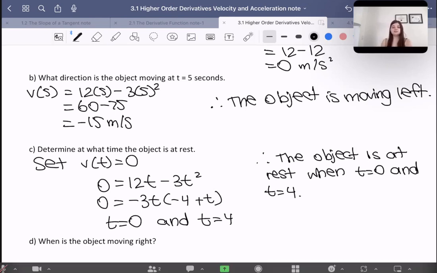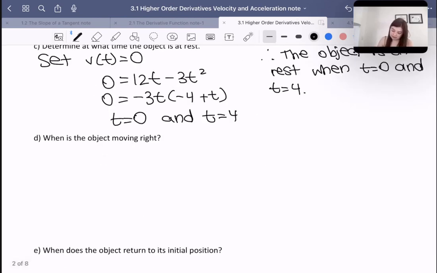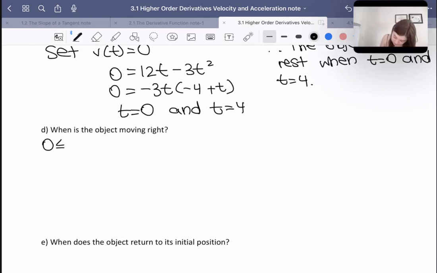Now, in this case, we actually don't have to do before 0 seconds, because that wouldn't make any sense. At 0 seconds is at rest, so there's two intervals I'm interested in. I'm interested in the time that we're between 0 and 4, and then I'm also interested in the time where t is greater than 4, okay? Because we know that it's at rest at 4 and at 0, but we don't know what's happening in between.